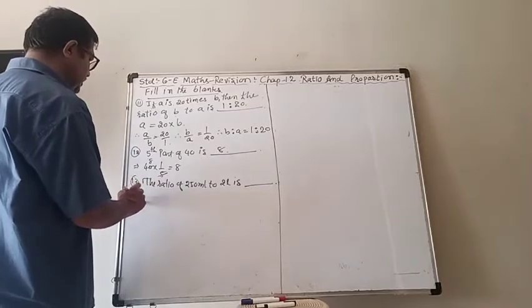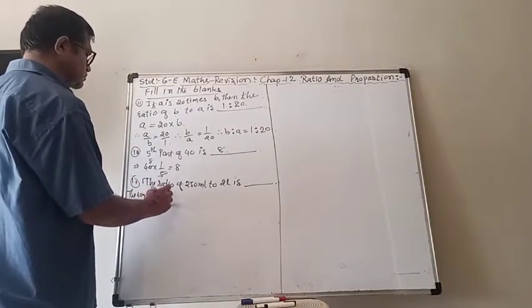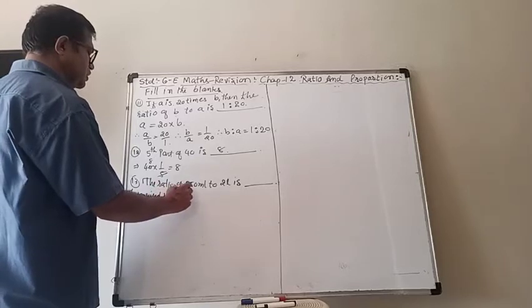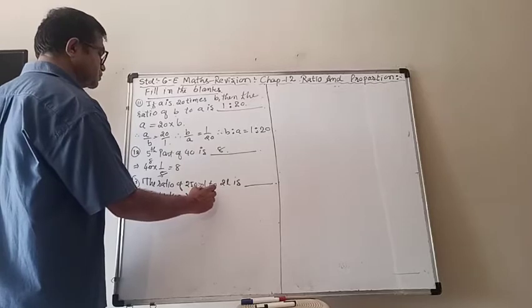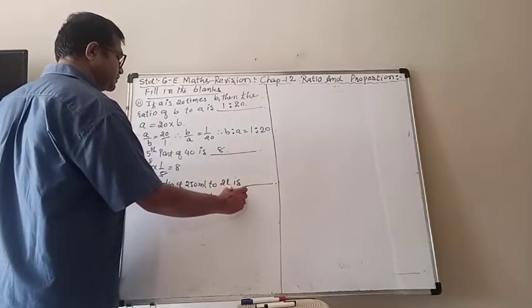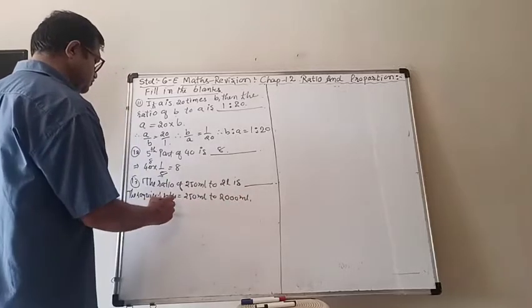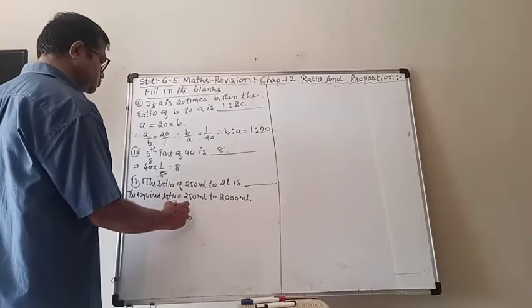So the required ratio is equal to 250 milliliter to 2000 milliliter. So that is 250 upon 2000.